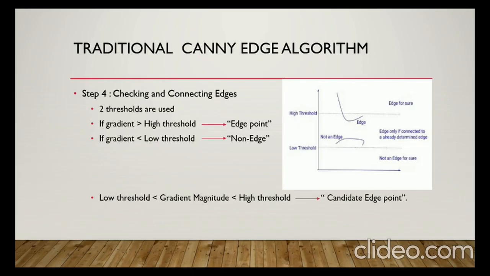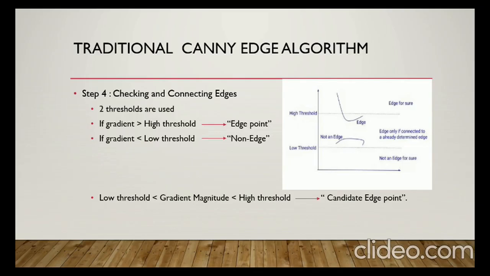Look at this image. There is one edge greater than the high threshold value, so we name it an edge, and there are no edges below the low threshold value. There is one edge between these 2 threshold values, but it is not connected to any high or strong edges, so I am removing it and marking it as not an edge.